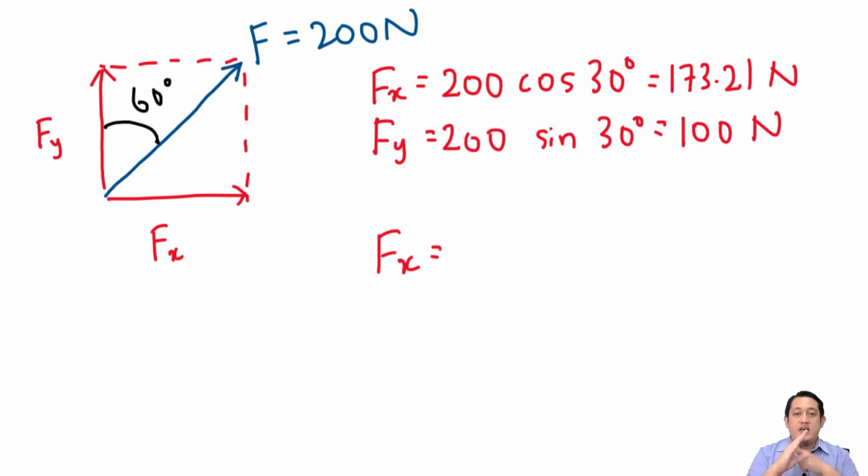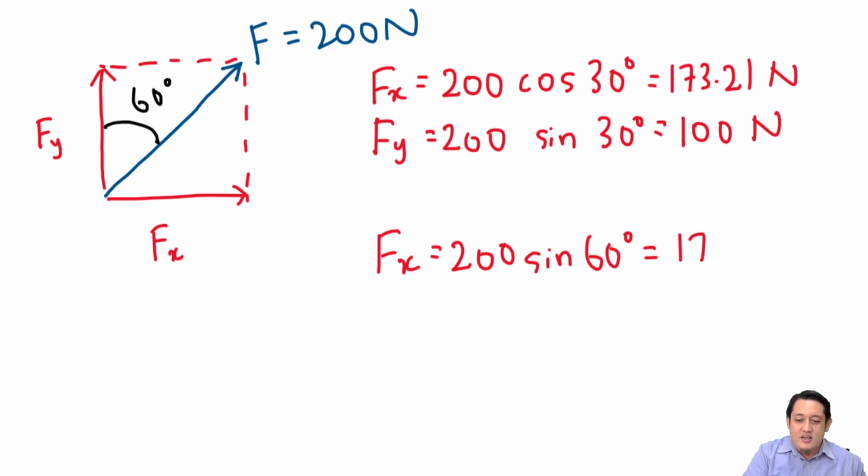So when we want to resolve this F into Fx, the angle will not be crushed, the angle will be saved. So Fx is equal to 200 sine 60 degrees, because it is saved. Let's calculate 200 sine 60 degrees. What's the value? Same as this one, which is 173.21 Newton. Okay, so what about Fy?